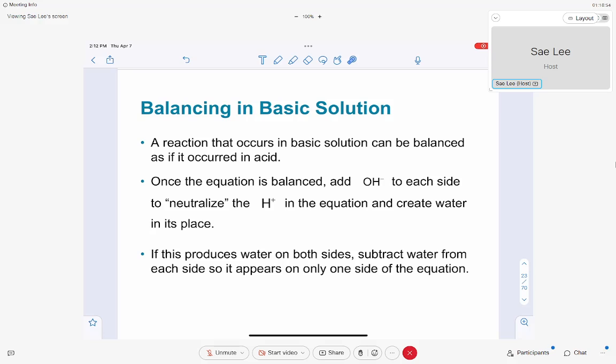You should follow the same steps as if you are balancing an acidic redox reaction, but then once the equation is balanced, you should add hydroxide to each side to neutralize the protons.